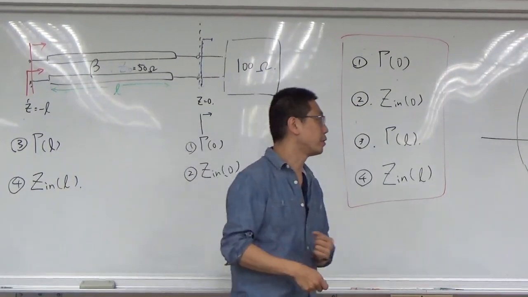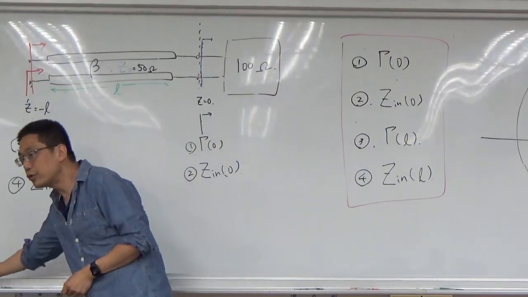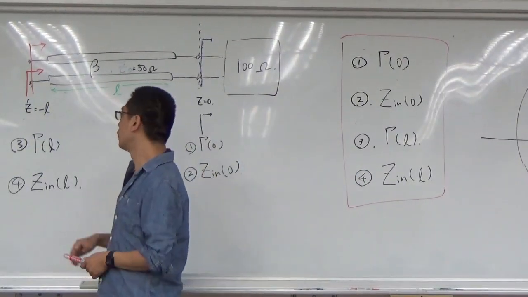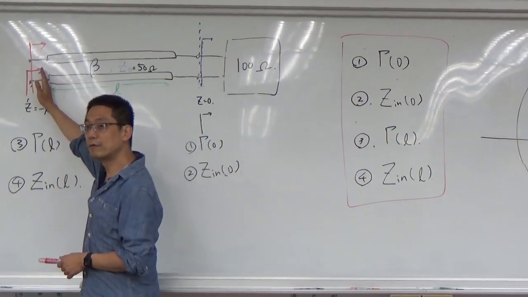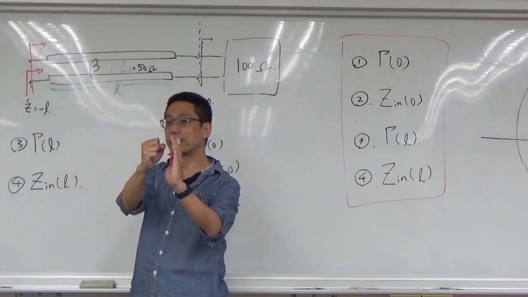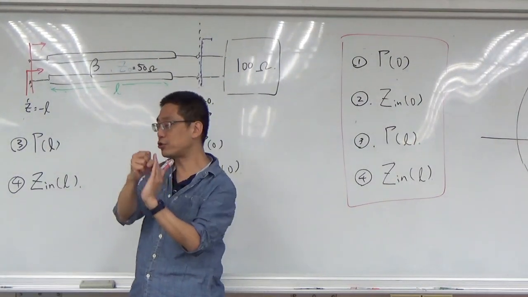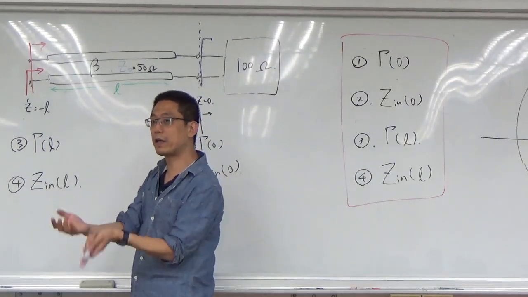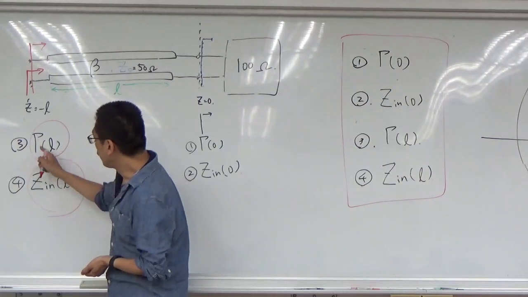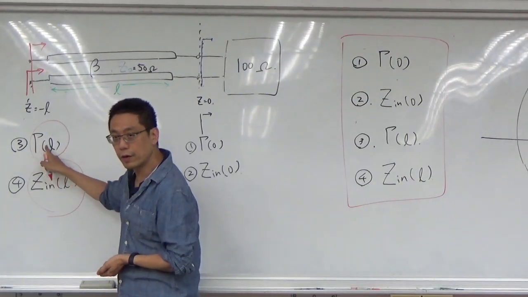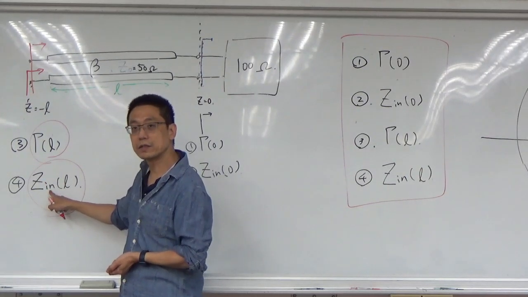Okay. So I'm trying to tell you that for every position z, you will get a different reflection coefficient, and you will get a different input impedance.